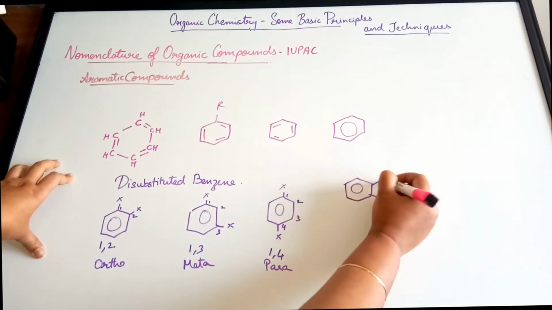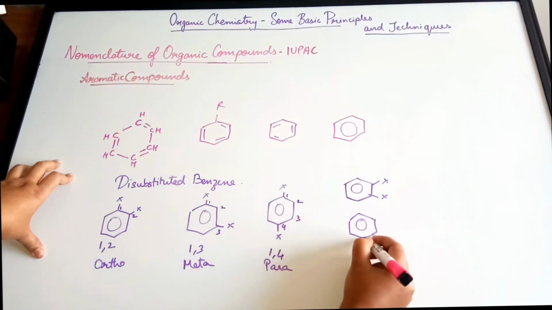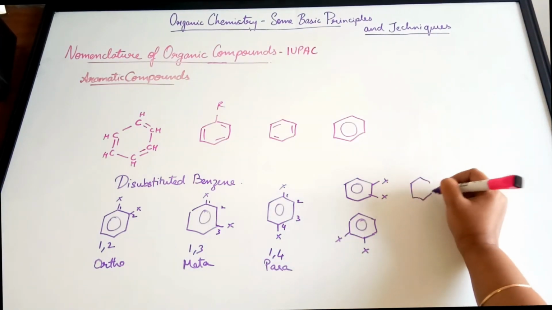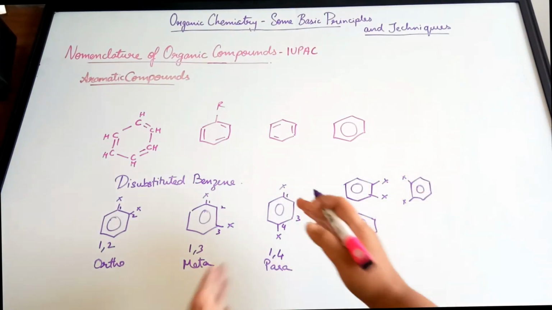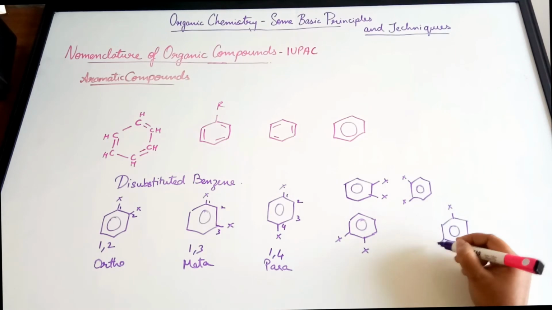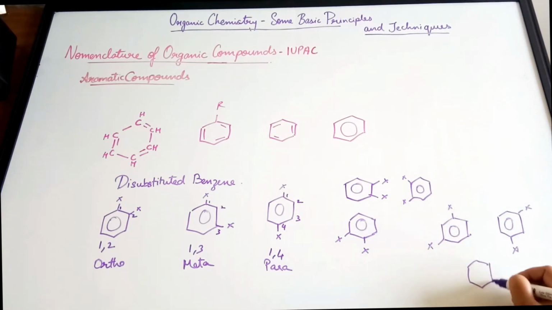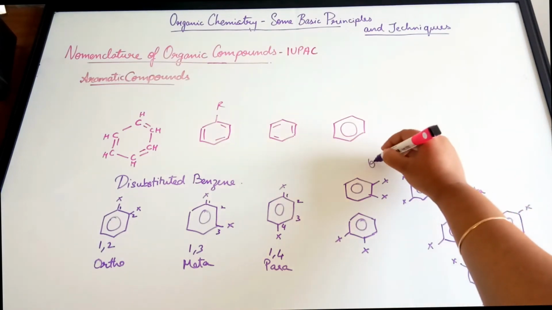This can also be an ortho position, or this and this carbon atom is also ortho, or even these two positions can be ortho. Similarly, meta positions can be here and here, or here and here, and this can be here as well as here. So these are meta, these are ortho.